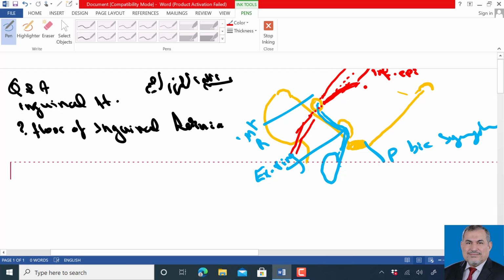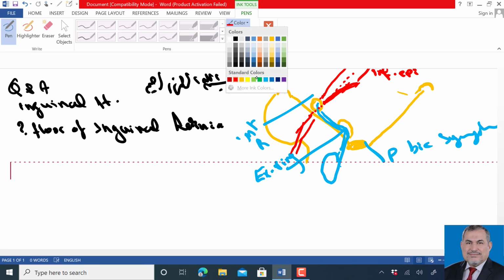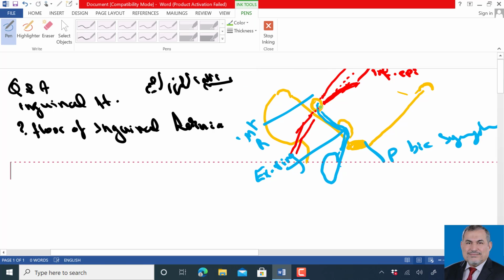Here should be the hernial sac. Can be here. This is hernial sac, or it may come here.